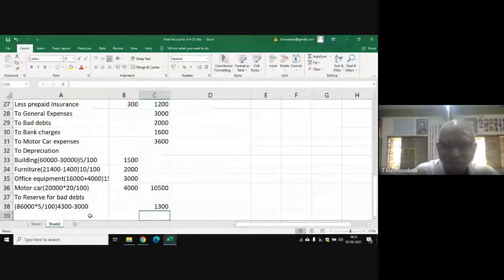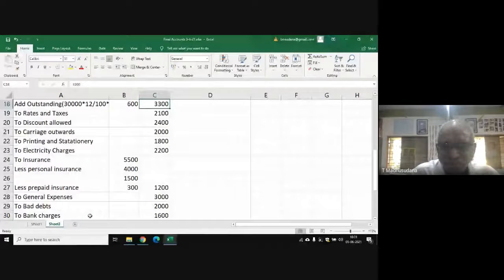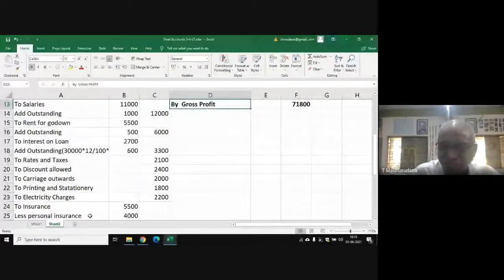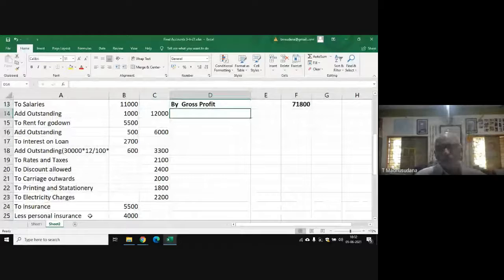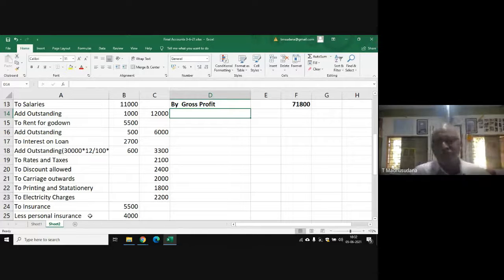Next, is there any item which comes on the credit side of the profit and loss account? So, you see the trial balance credit side. Is there any indirect income given in the credit side of the trial balance? Only discount received from creditors is there.